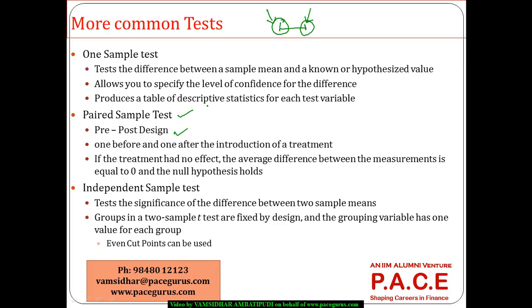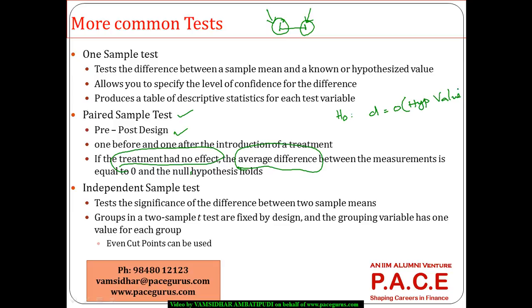These are some of the places where you can go with a paired sample t-test. And what it simply says is, if the treatment had no effect, the average difference will be more or less around 0. The null hypothesis here is that the difference is equal to 0, or the difference is equal to some hypothesized value.